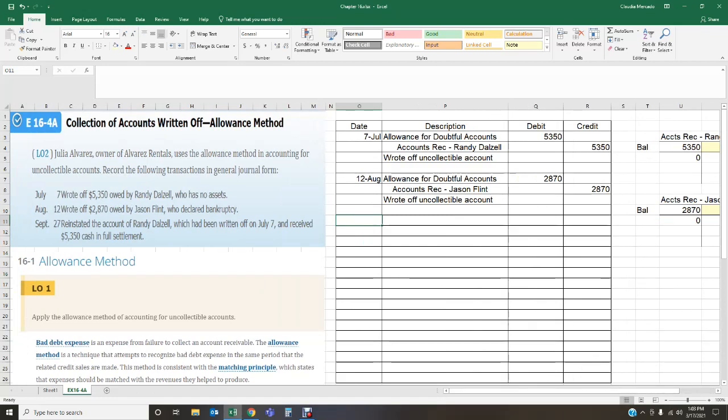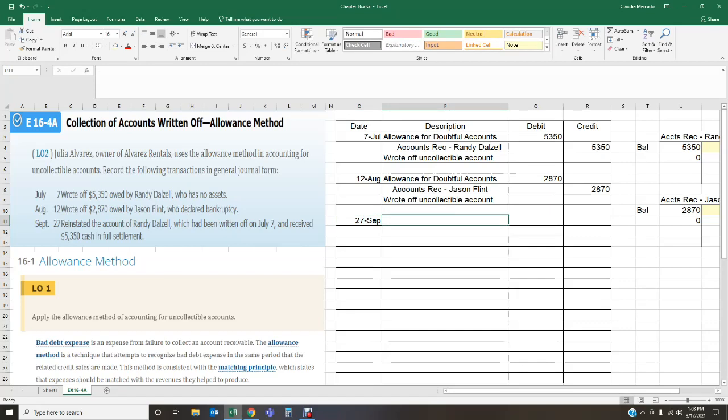Then on September the 27th, it says we have to reinstate the account for Randy Dalzell, which had been written off on July 7th, and received $5,350 cash in full settlement. So what happened here? Well, a couple of months passed by, and guess what? We received a check in the mail from Randy. Hallelujah. Randy remembered that they owed us some money, and they sent us a check.